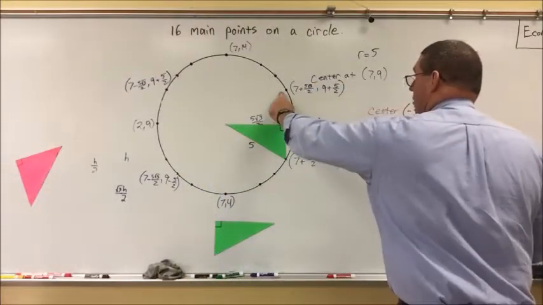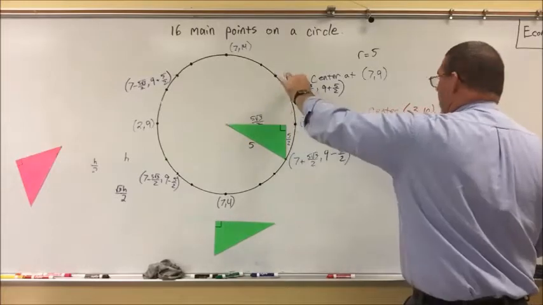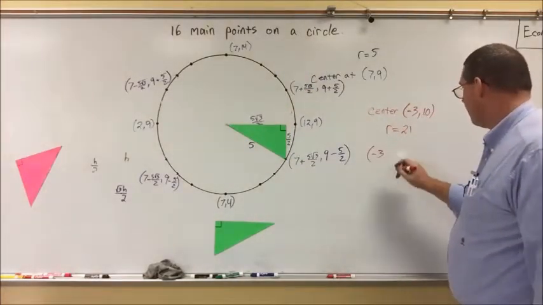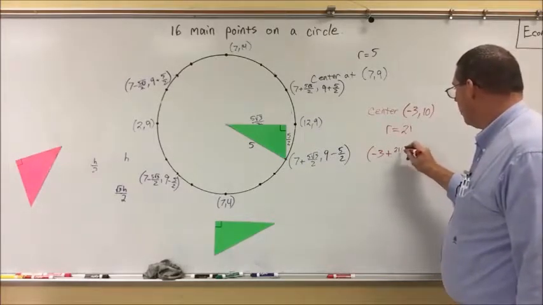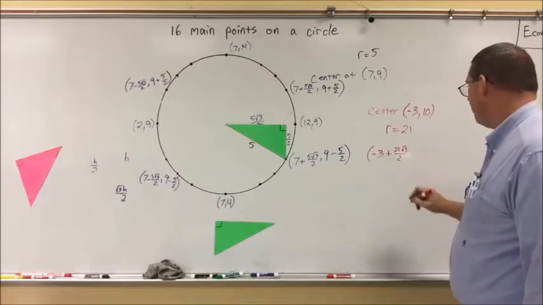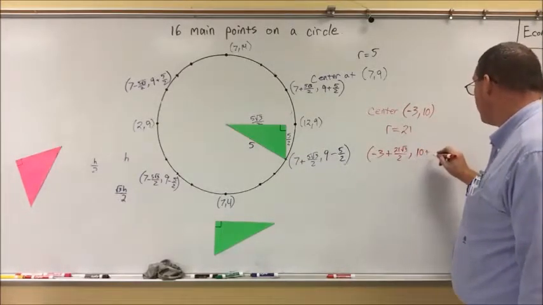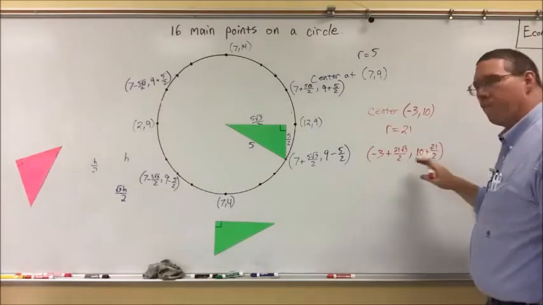Well, the 30-degree angle in the first quadrant is up and up. So the x-coordinate is negative 3, and then I'm going to add to it 21 square root of 3 over 2, comma. The y-coordinate is going to be 10 plus 21 over 2. So that's going to be one of the 4 points.